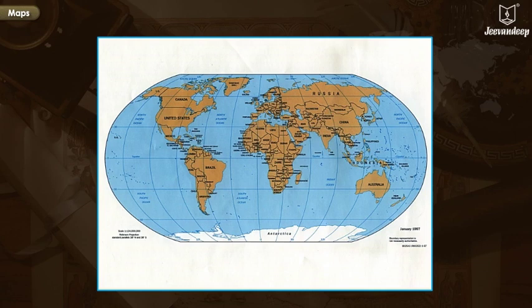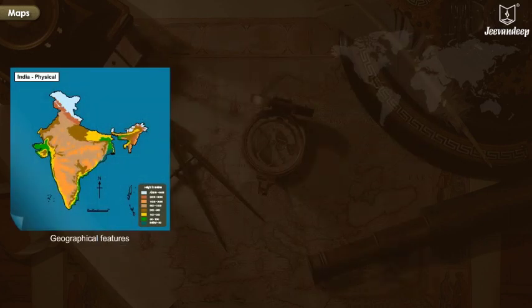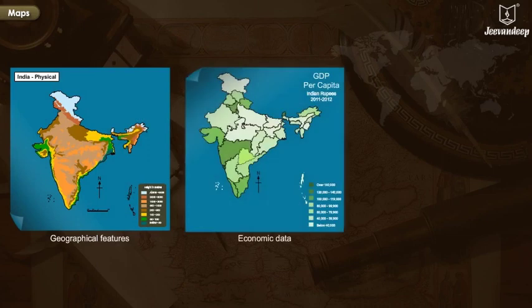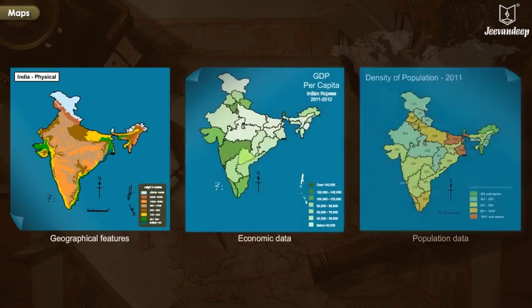Maps. Maps are miniature representations of part or whole of the Earth's surface. Geographical features, economic data, population data, etc. can be shown effectively on maps.